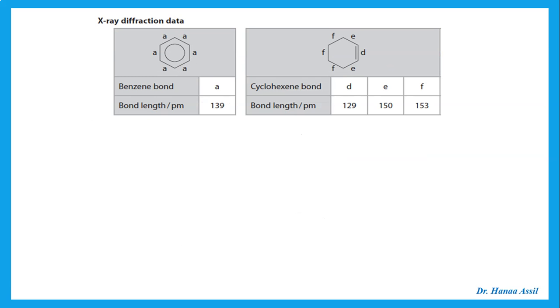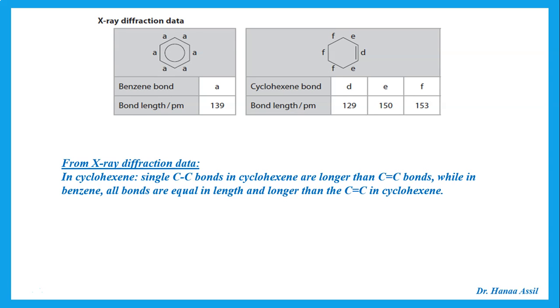Now, from the X-ray diffraction data, what do we have? It says that in the benzene ring, all the bonds are the same and they all have the same bond length. But for cyclohexene, the length of the bond that is single is different from the length of the bond that is double.